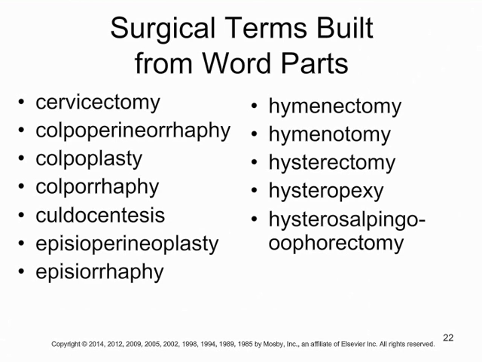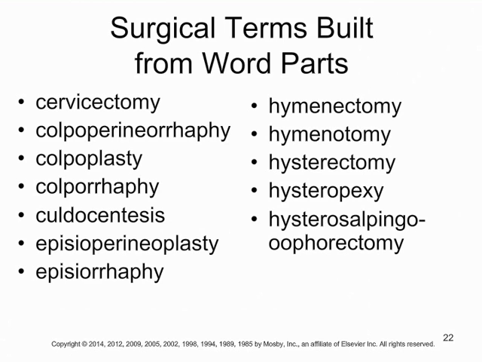All right. Next we have a colpoplasty. Plasty means surgical repair. So a colpoplasty would be surgical repair of the vagina. Colporrhaphy would be suturing of the vagina. Culdocentesis.